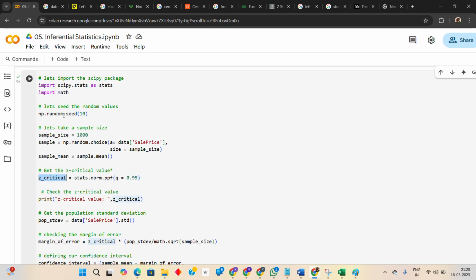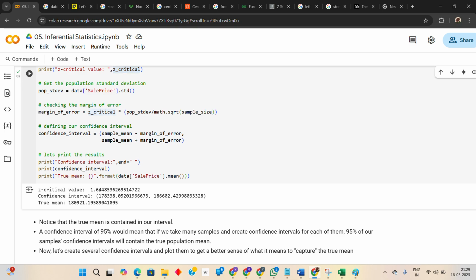You can calculate the Z statistic value using the normal ppf. Then you can mention 95 percentage, or 65 percentage, whatever percentage of data, so that you will get the Z critical value. You can see the Z critical value here is 1.64.